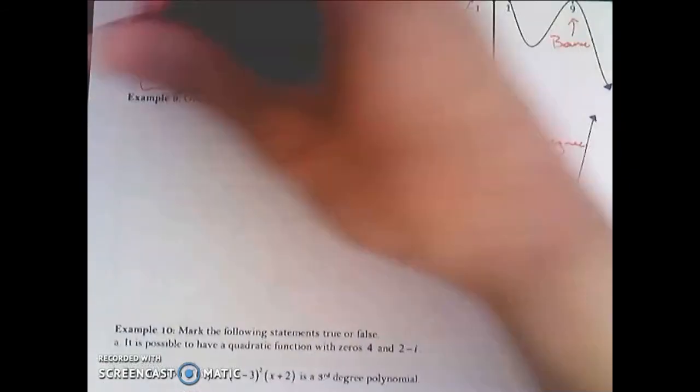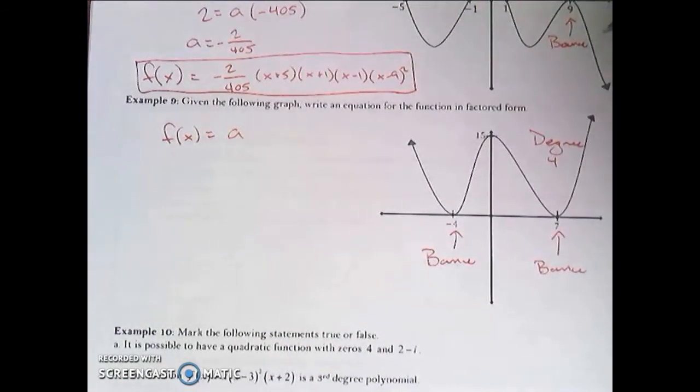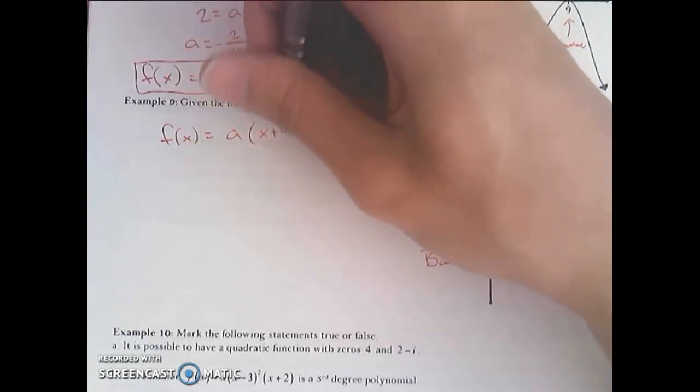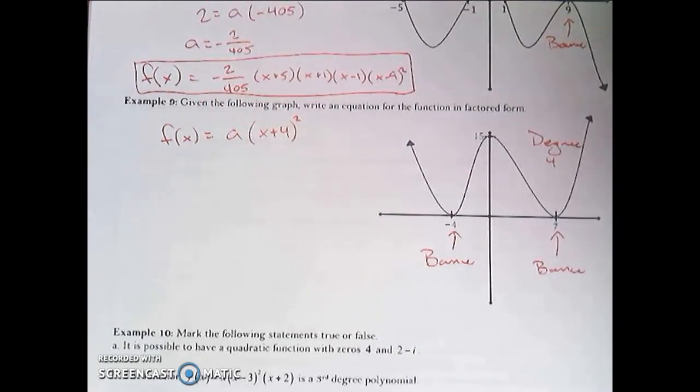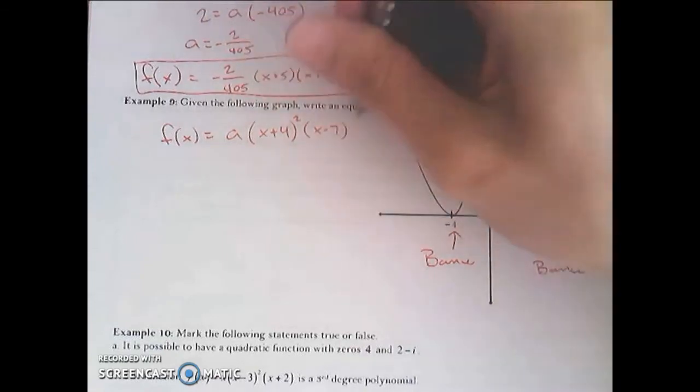So writing out the equation, we have f of x equals, well, we've got our leading coefficient, which we don't know yet, a, times, let's use our negative 4, so x plus 4, we've got a bounce, so that quantity is squared. And then we've got x minus 7, we've got another bounce, so that quantity is squared.